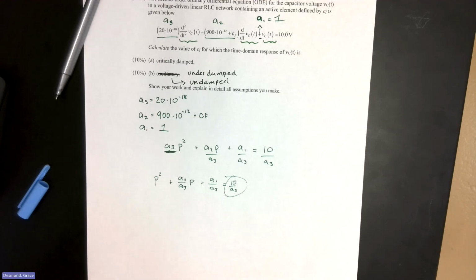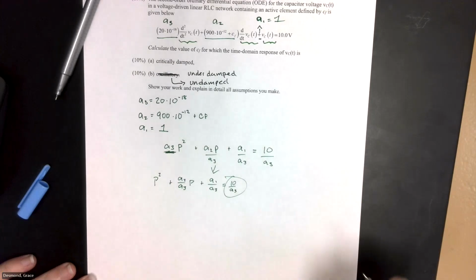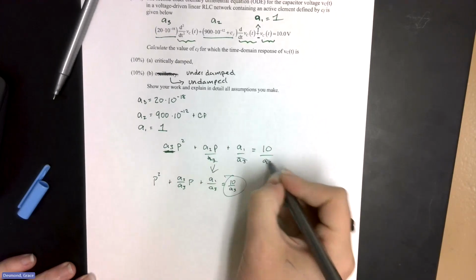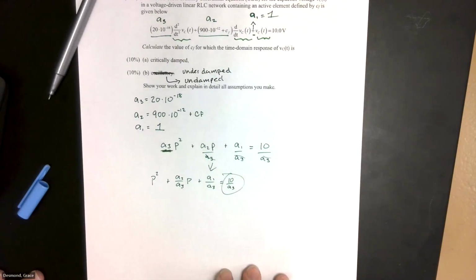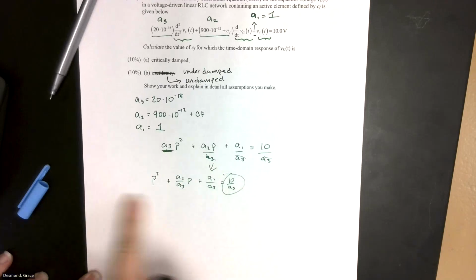That was me doing it in the moment, that's when we divide. This was just me rewriting it. So those aren't actually, I see what you're saying. This is the solution.